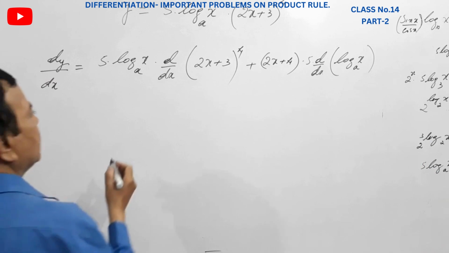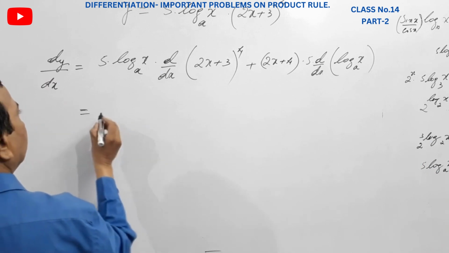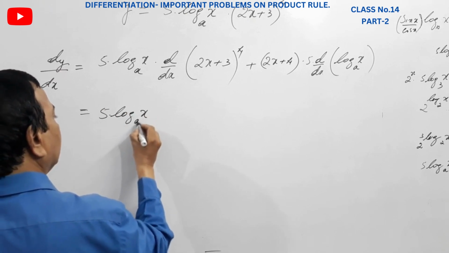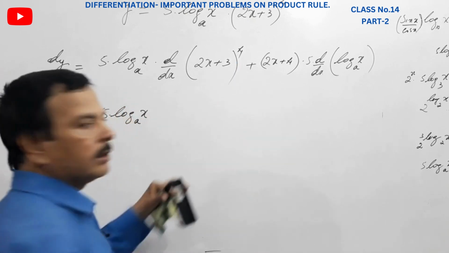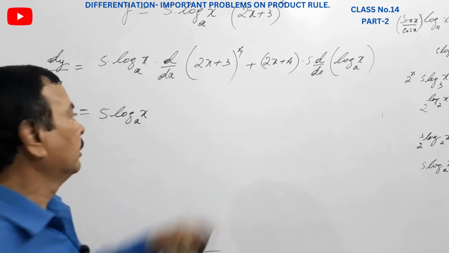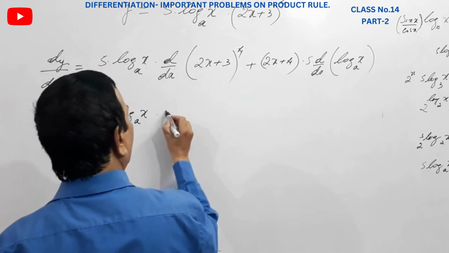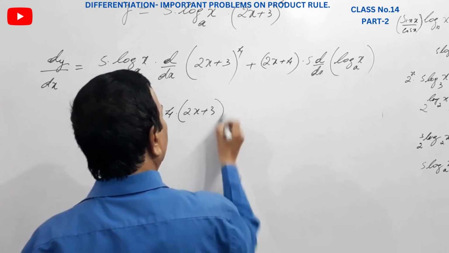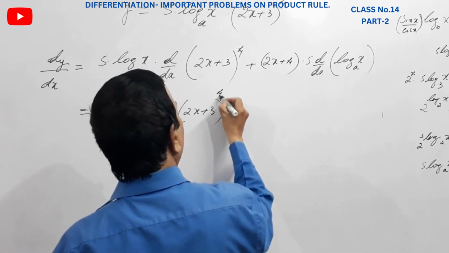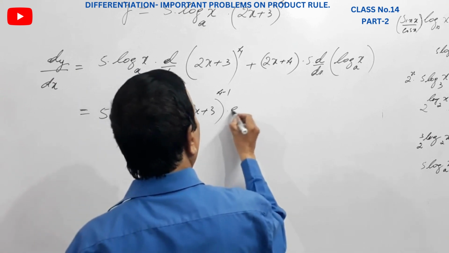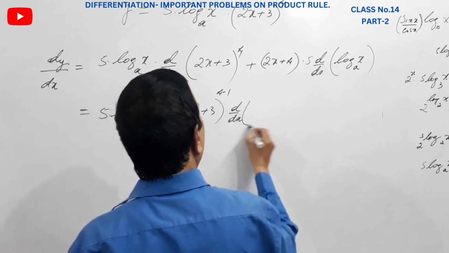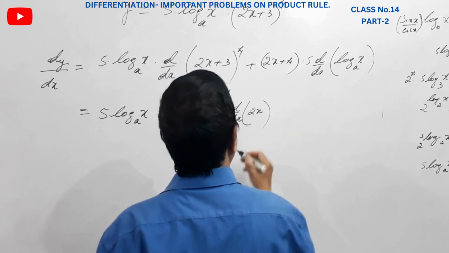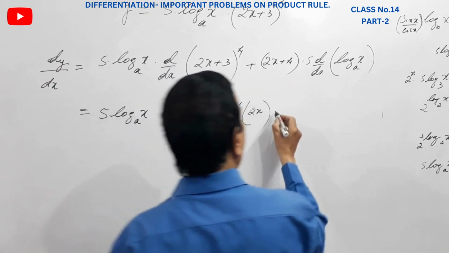So let's differentiate this. So this becomes what? 5 log x to base a. Differentiation, this is ax plus b to the power of n. So that is 4 into 2x plus 3 to the power of 4 minus 1 into d by dx of 2x, d by dx of 3 is 0, let's forget it.